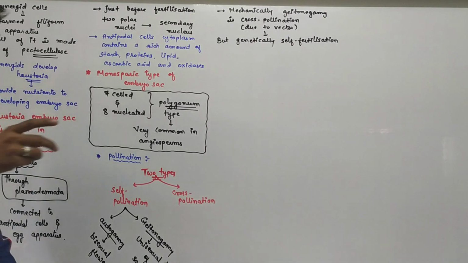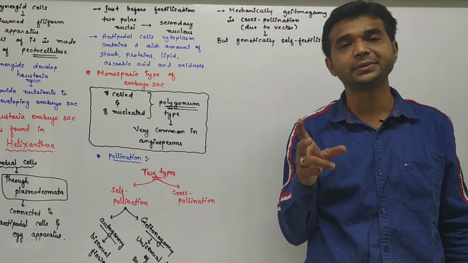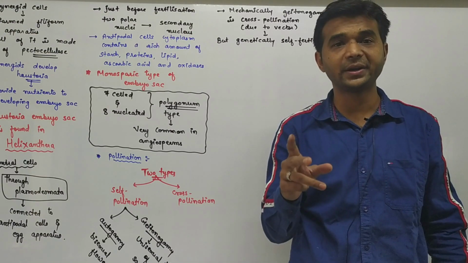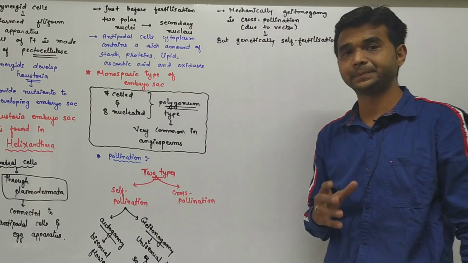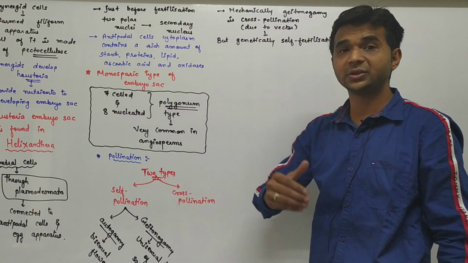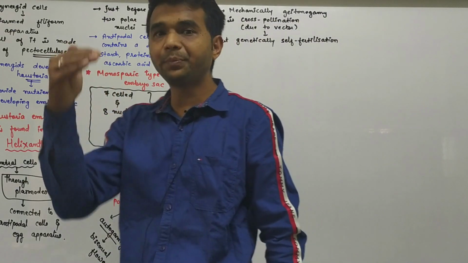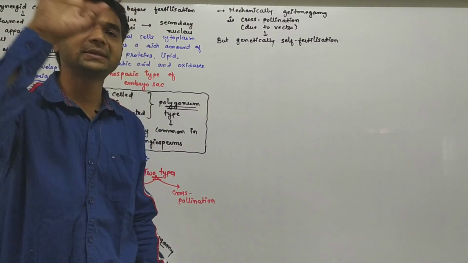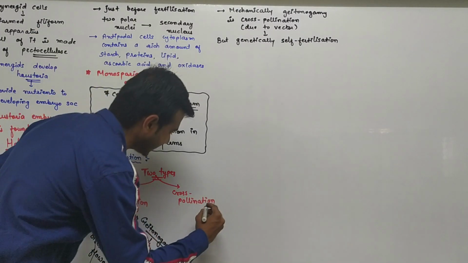Why? In cross-pollination there is a requirement of a vector. Vector is required, so mechanically we say that it is cross-pollination. But genetically it is self-fertilization. Why? Because the pollen grain is from the same plant. Now, cross-pollination: allogamy or xenogamy.